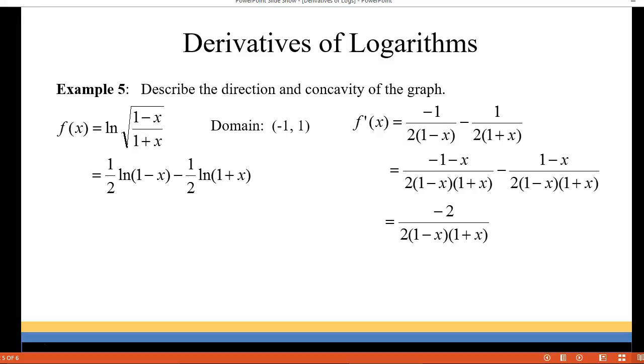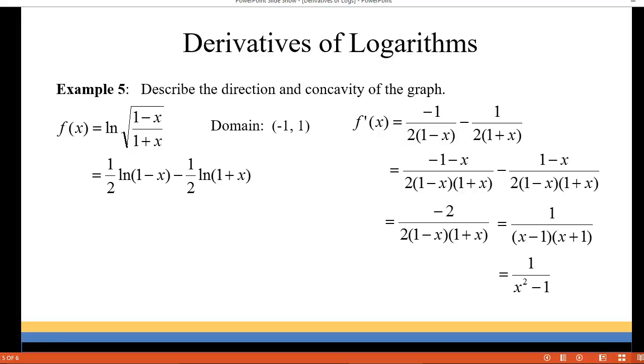So we're just left with negative 2 in the numerator, which cancels with the 2 in the denominator. And I also changed the sign. So you see we had a negative 2 in the numerator and a 1 minus x in the denominator, which I switched the signs on and got x minus 1. So that leaves me with 1 over x squared minus 1.